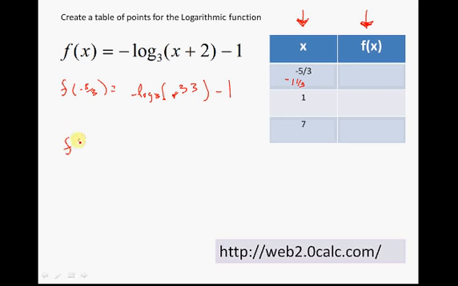Then we do f of 1, and that's equal to the opposite of log base 3 of, well, 1 plus 2 is 3, minus 1. F of 7 equals the opposite of log base 3, and 7 plus 2 is 9, minus 1.